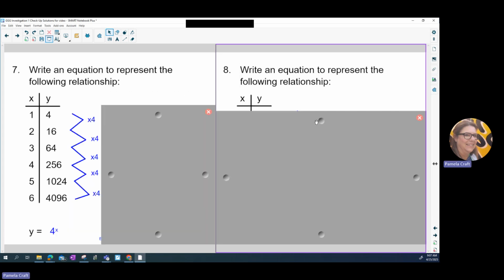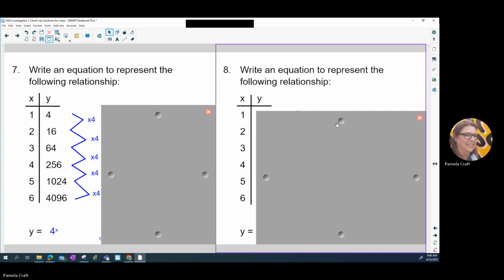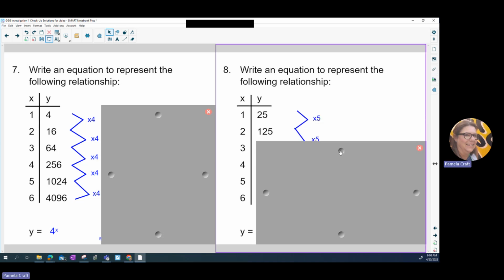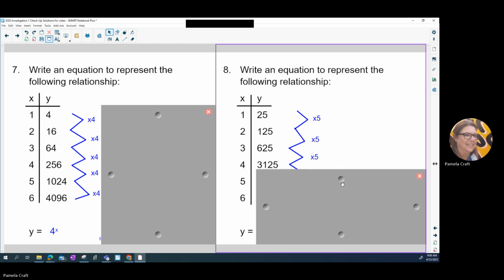Number 8, write an equation for this relationship. So again, the 1 is 25, 2 is 125, 3 is 625. So we are multiplying by 5 all the way up.